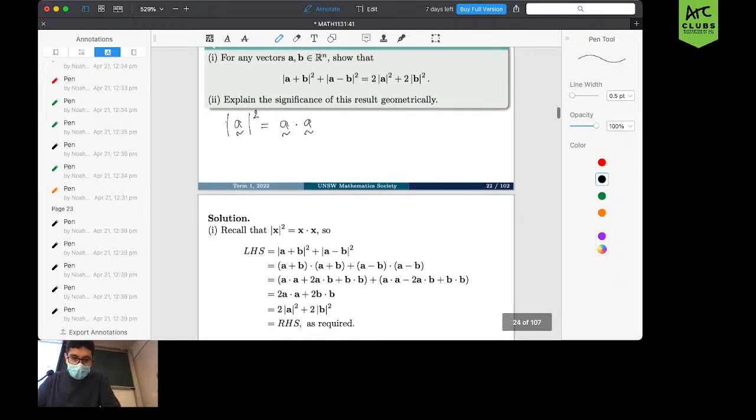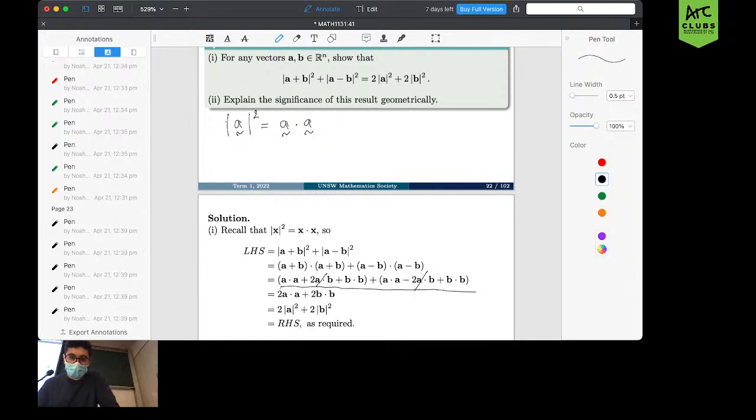So we begin with our left-hand side, and we rewrite it as the dot product of itself plus the dot product of itself. Now we expand the dot product because we're allowed to do this to get this line here. Cool. And note that the 2a dot b cancels out with the minus 2a dot b.